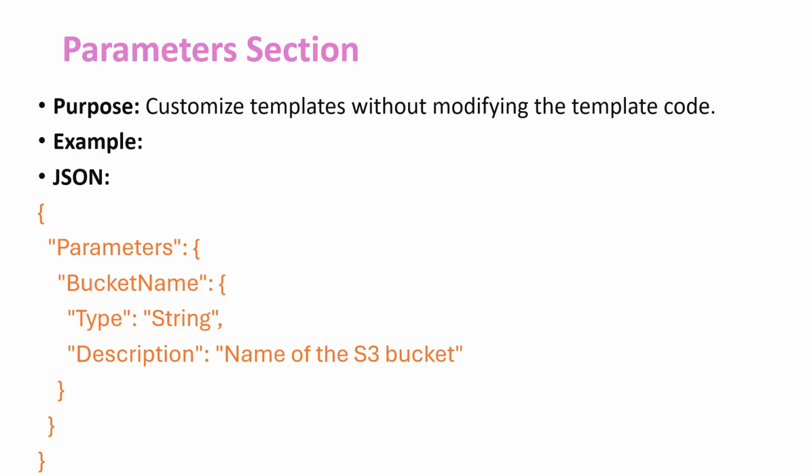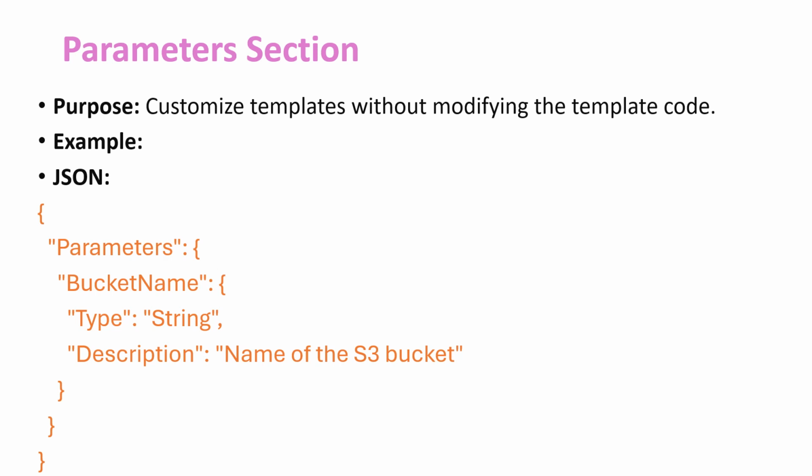Next, we are talking about the parameters section. The parameters section allows you to pass values into your template at runtime, making it flexible and reusable. Purpose: customize templates without modifying the template code. Let's take an example. So it's a JSON example. First, we will take parameters.